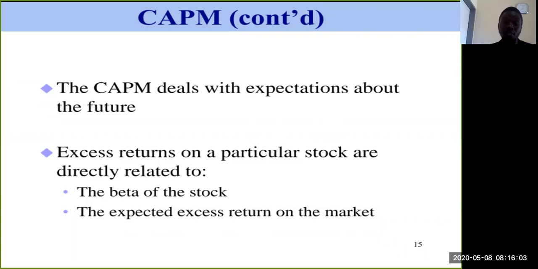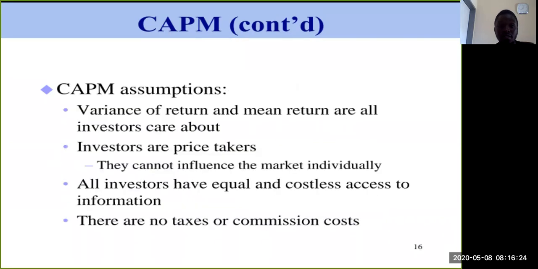All the variables after the equal sign are directly related to the expected return. Hence the beta of the stock influences it, and the expected excess return on the market will also influence the expected return on the security.